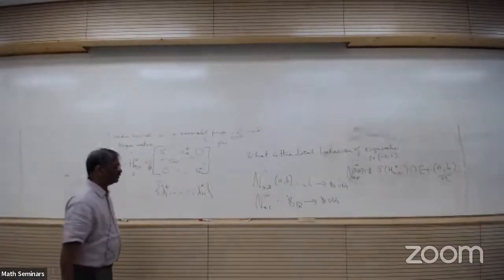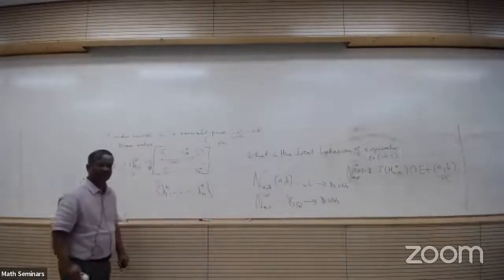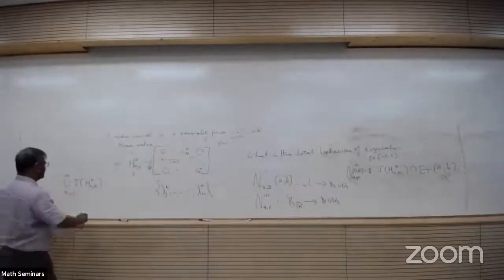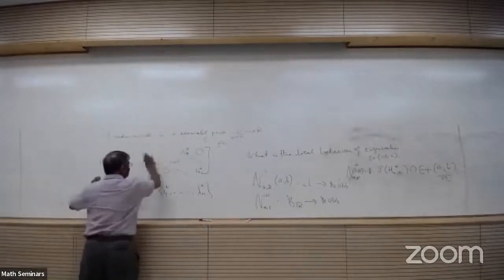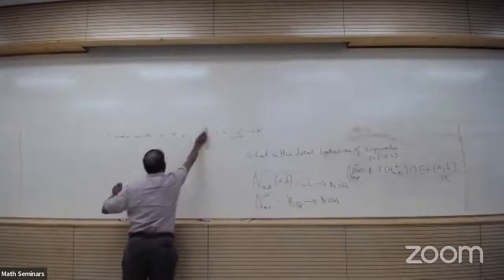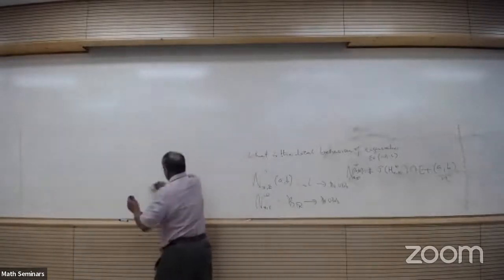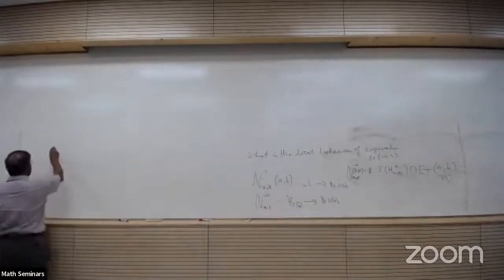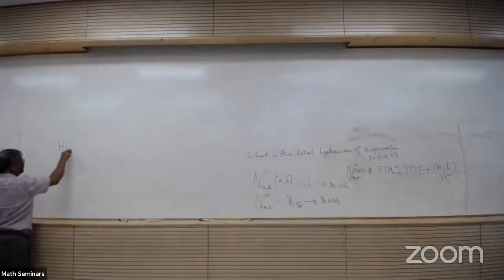So here are the conjectures related to this. So this is a local question. And here are the conjectures. So I'll erase this part of it. Just remember the band matrix. So we have the band matrix H_{N,W}(omega).